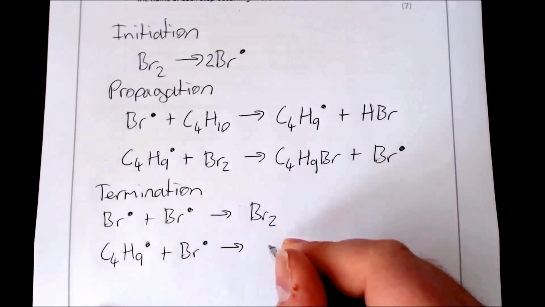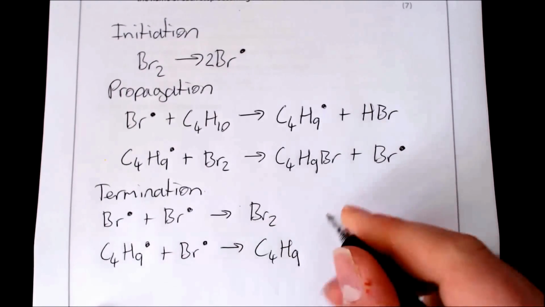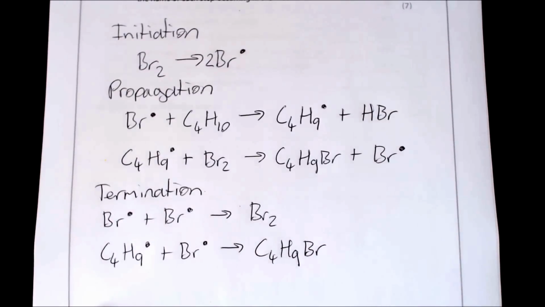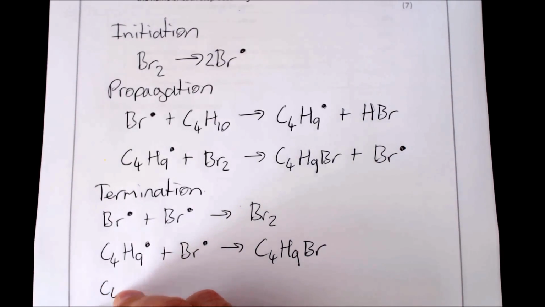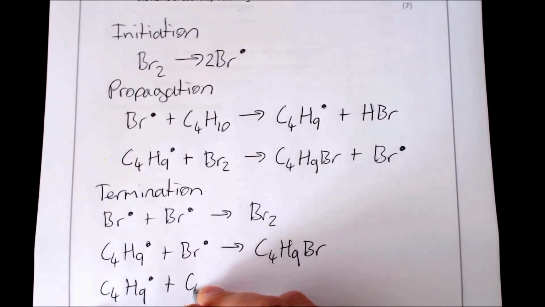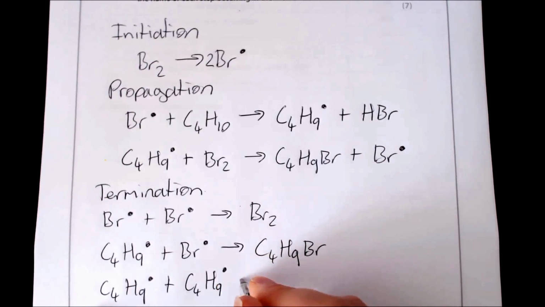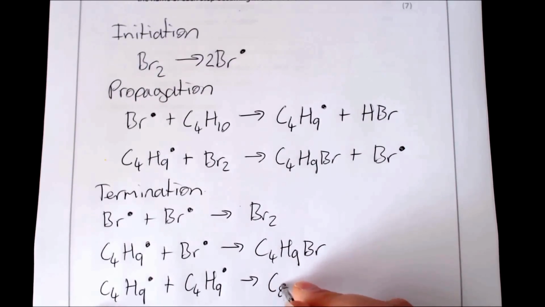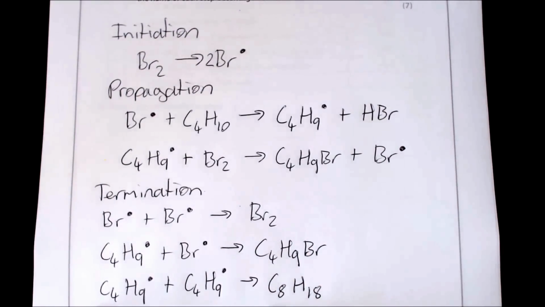So actually the termination reaction in itself can form a haloalkane, C4H9Br. Or you could have two C4H9 dots reacting together, and that will form C8H18, which is octane. This could be a fuel as well, that we could use.